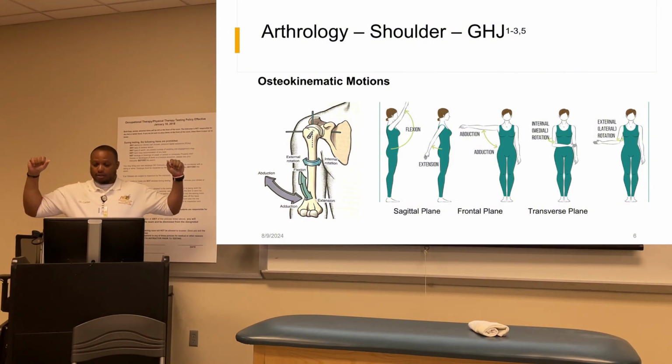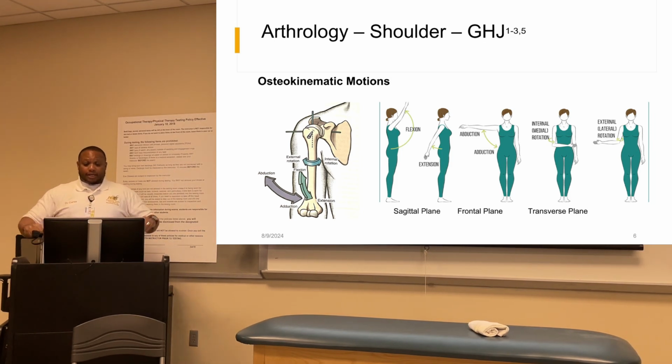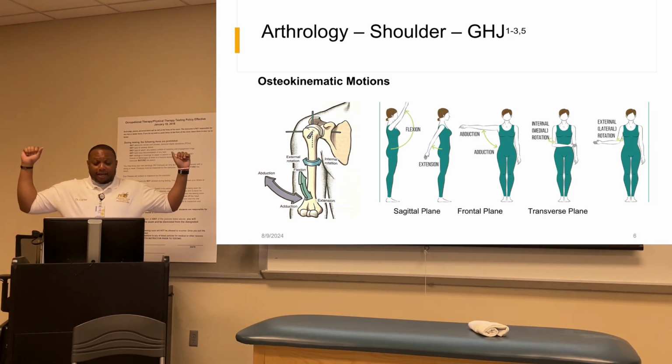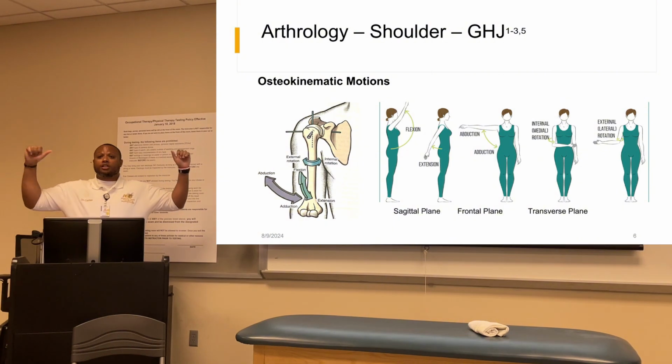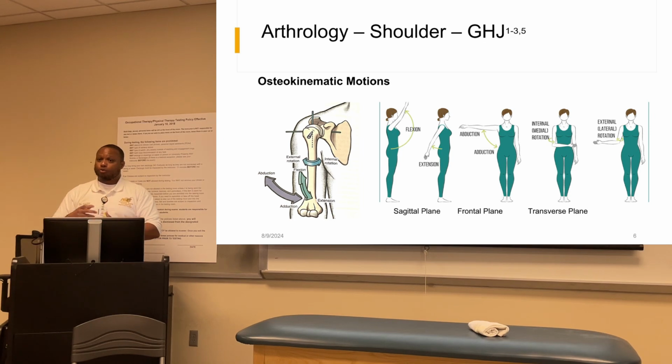Sorry, sagittal plane. Yeah. So that movement can be performed, external, internal rotation of the shoulder joint. For internal and external rotation of the GH joint, it can also be performed in the sagittal plane. And to achieve full external rotation range of motion in the sagittal plane, it also requires recruitment of the middle trapezius muscle.